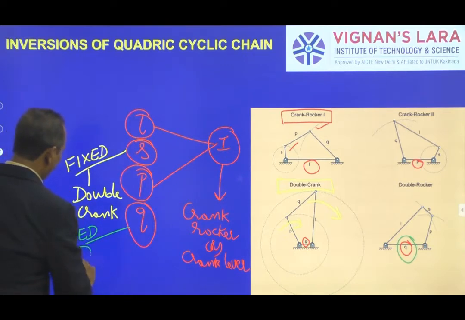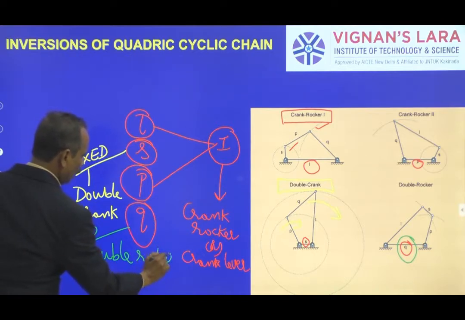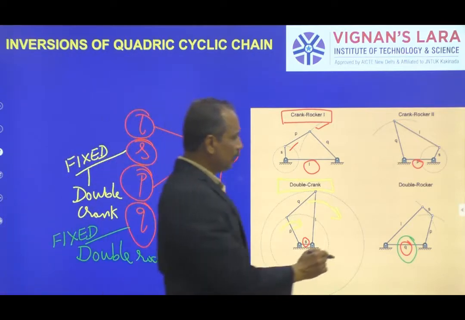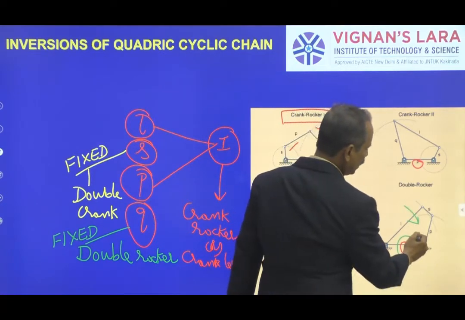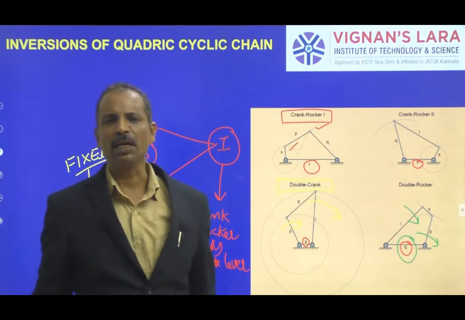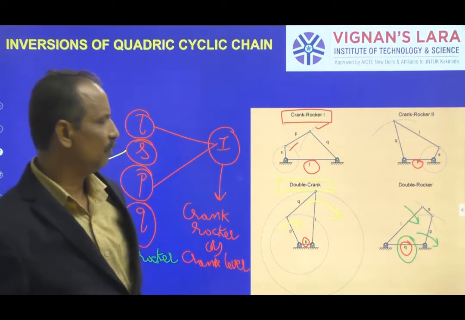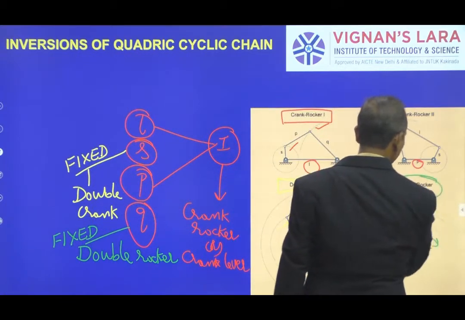A lever or rocker is one which oscillates. Here you can see, if I say this is input and this is output, both are partially revolving, not completely revolving. That is called a double rocker.